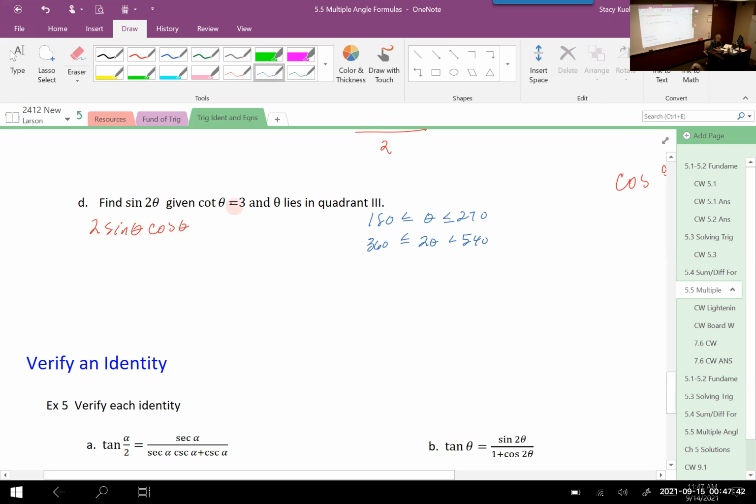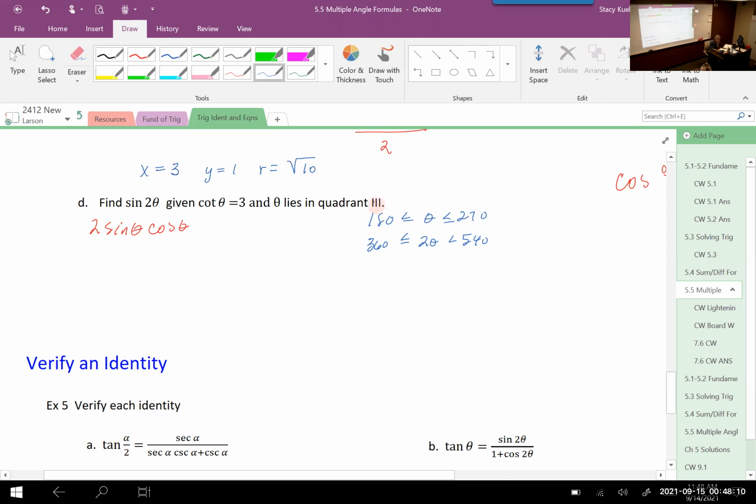So cotangent is x over y, which is 3 over 1. And r then has to be the square root of 9 plus 1, which would be the square root of 10. X squared plus y squared.